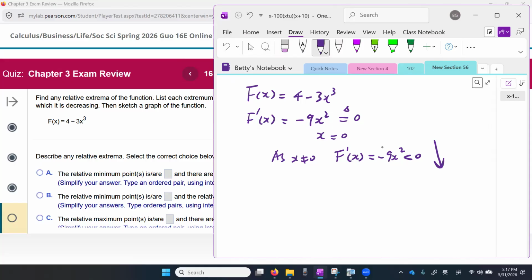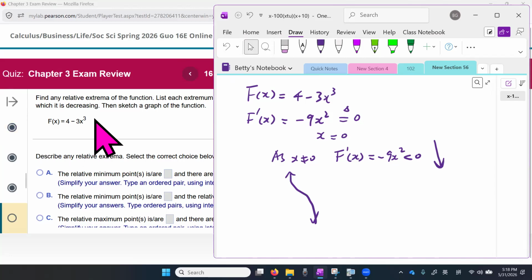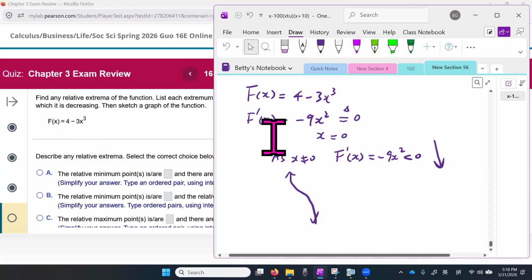Oh, sorry, I misspoke. Decreasing the entire time, okay? It probably looks like this. How do I know that? Because this function is a degree 3 polynomial with a negative leading coefficient. Any degree 3 polynomial with a negative leading coefficient, the graph always looks like that. So the entire domain is decreasing, and at 0 it flattens out a little bit with the inflection point here.